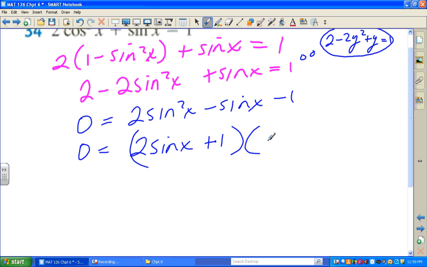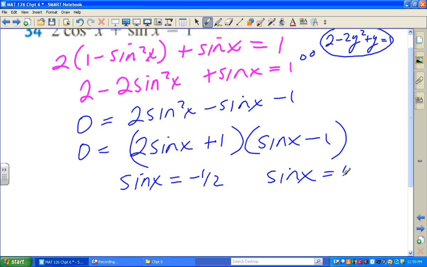Obviously with a quadratic in algebra, you know there are going to be 2 solutions. Usually in trig, if you have a quadratic, that's going to mean 4 solutions. Usually, but not always. So now you have 2 problems for the price of 1. Where does sine of x equal negative 1/2? And where does sine of x equal 1?